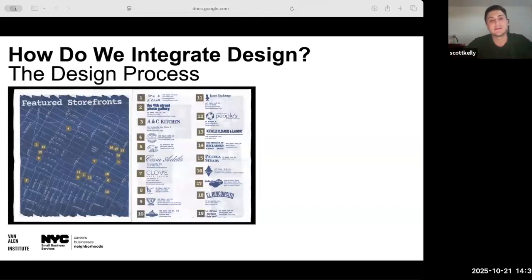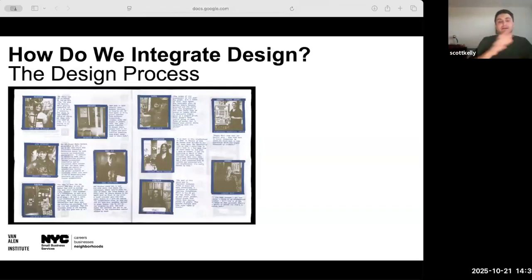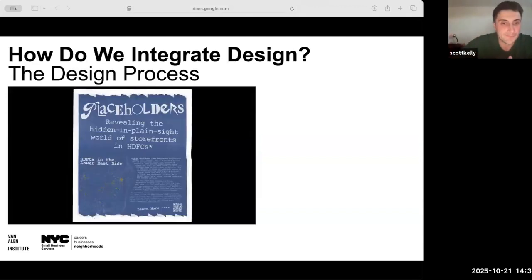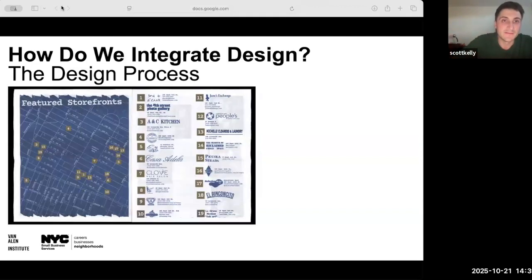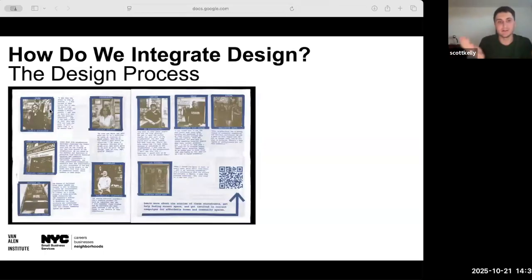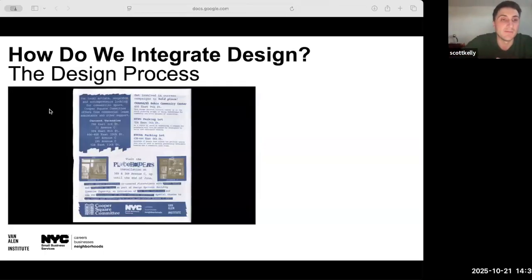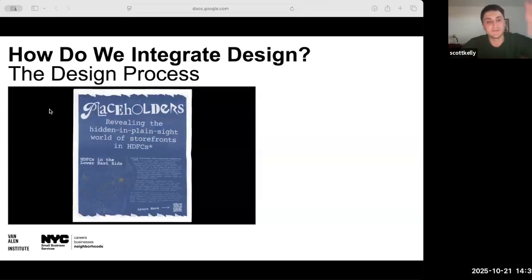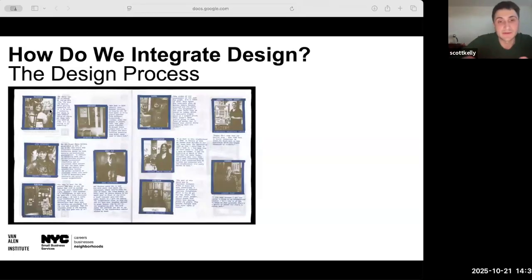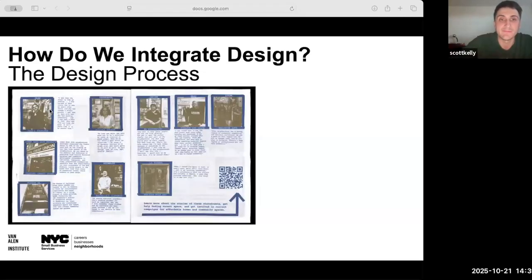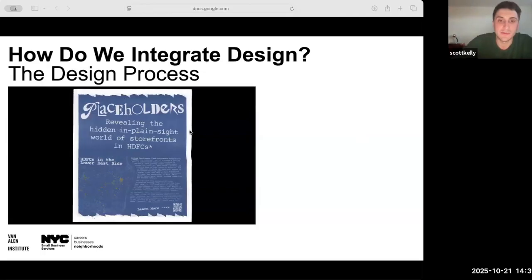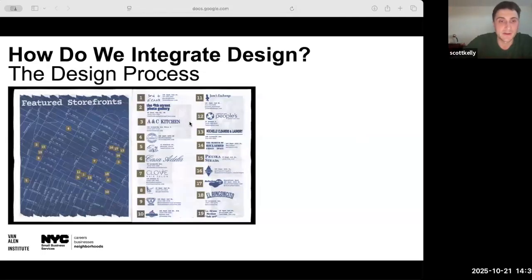So it's straddling multiple mediums, a large scale storefront environmental piece and a smaller 11 by 17 booklet, but they're tied together through these recurring elements. All these elements are lifted from marinating in the place and collaborating directly with the organization.